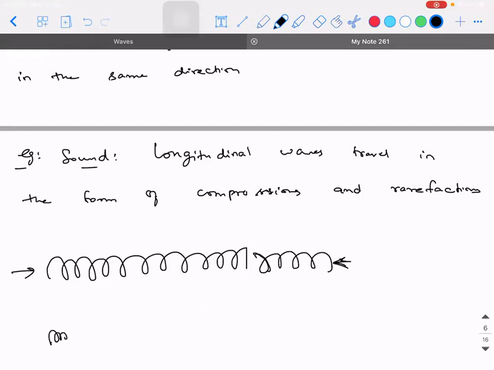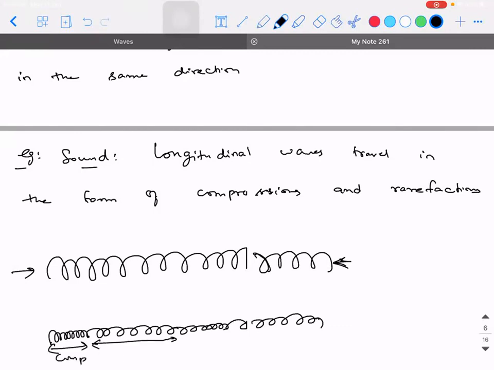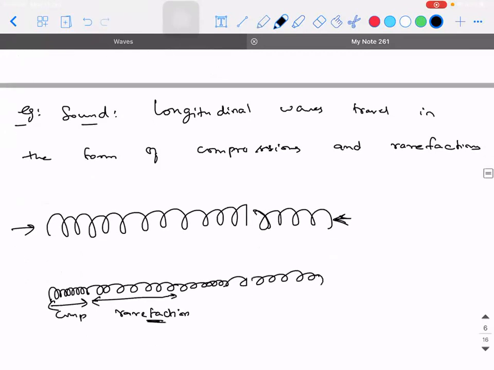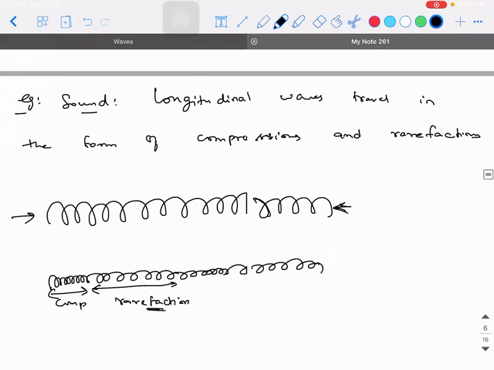Some parts of the spring will get compressed and some parts will have expansion. Again, some parts will be compressed and some parts will have expansions. This is compression and this is expansion, which is technically called a rarefaction. Guys, are you able to understand? Okay, make a note of these two points.